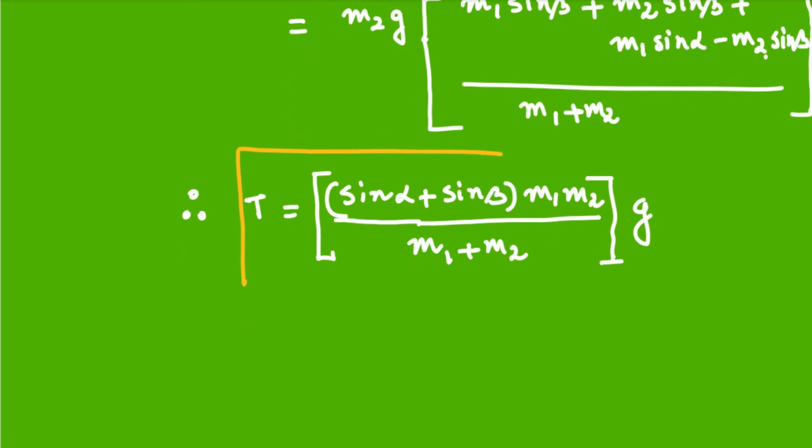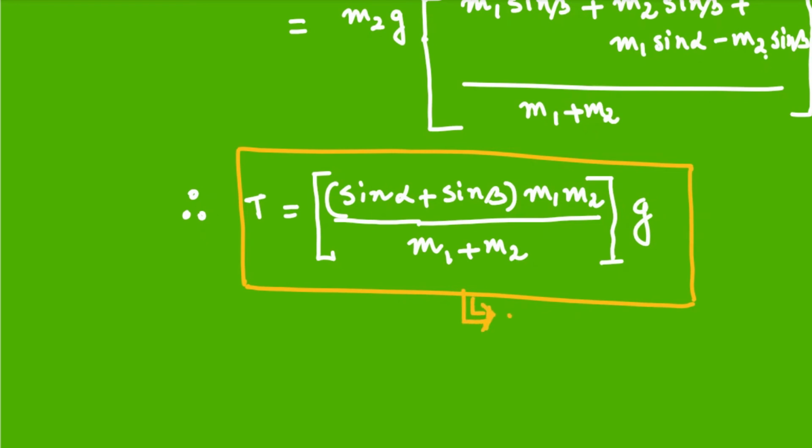T equals sin alpha plus sin beta multiplied by m1 m2 whole divided by m1 plus m2 into G. That is the tension acting in the string.